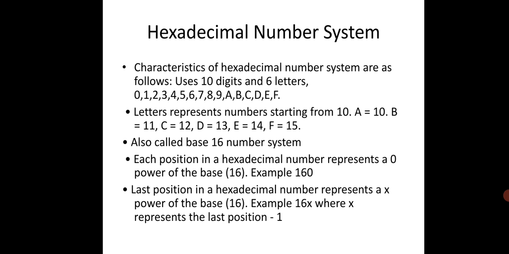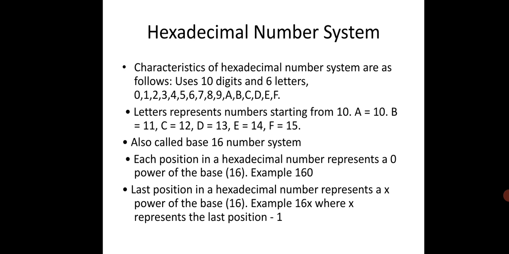Up to 9 we write as in decimal, and after that from 10 onwards we write as A to F. That means 10 is A, 11 as B, 12 as C, 13 as D, 14 as E, and 15 as F.